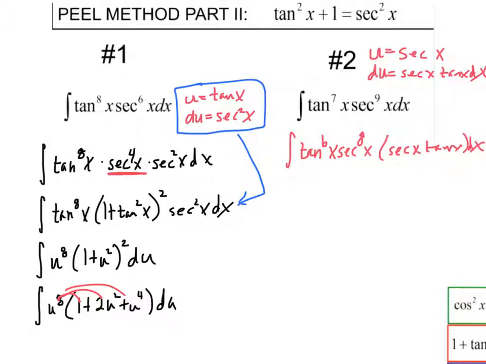Okay, because I peeled a tangent and a secant away. Well, since I need my u to be secant, I'm going to change tangent to the sixth to be in terms of secant. So tangent to the sixth is the same as secant squared minus 1 cubed. We have secant squared minus 1 cubed.